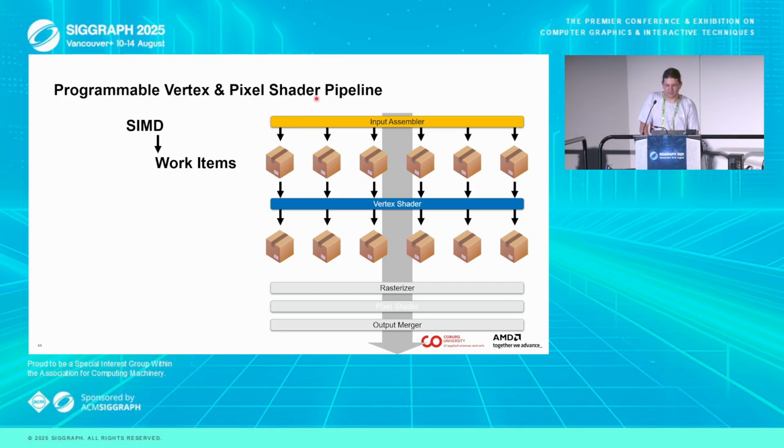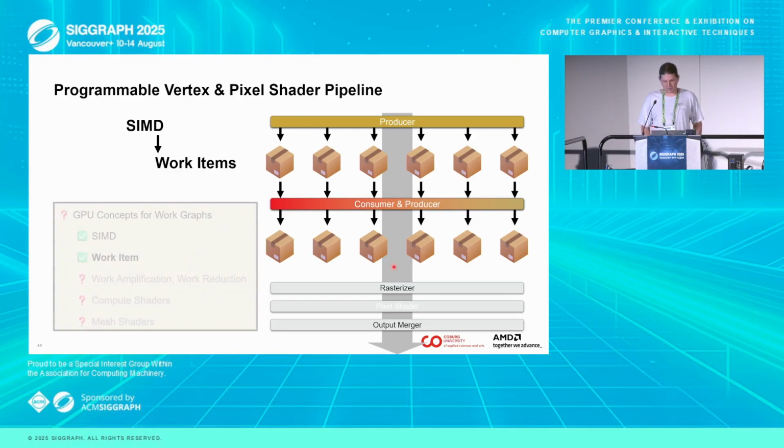And the input assembler up here you can consider as a producer, and the vertex shader here as a consumer. Or likewise, the vertex shader can also be a producer producing new items. So the concept of work items is part of work graphs. It's already in the name.